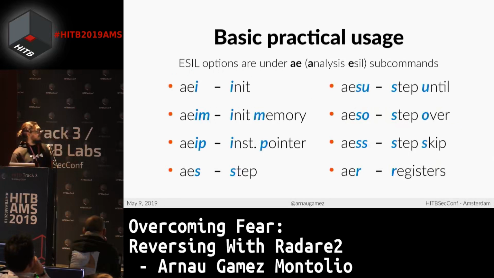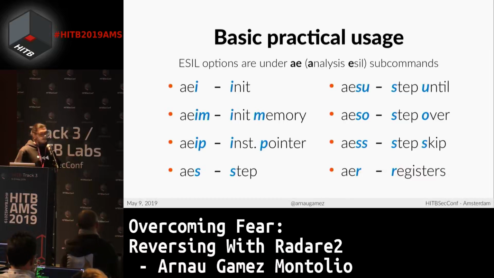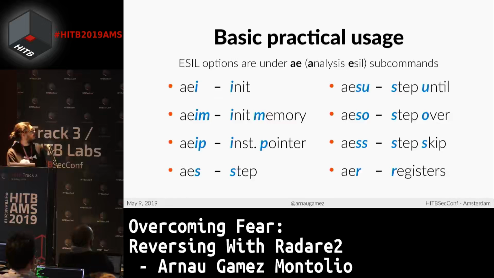And this is another important slide. As I said, the ESIL options are under the ae subcommands, which is the analysis ESIL. And we have, for example, aei for init, aeim for init memory. Just to point out, if we initialize the memory, automatically we have initialized the stack machine. So usually, if we don't need a memory, don't use the aeim. But if we need to use it, we don't need to first initialize and then initialize memory.